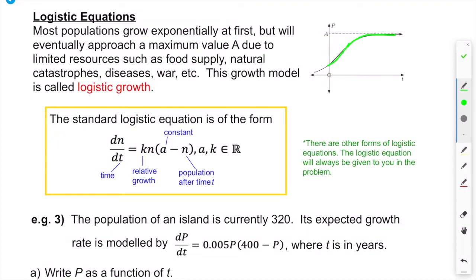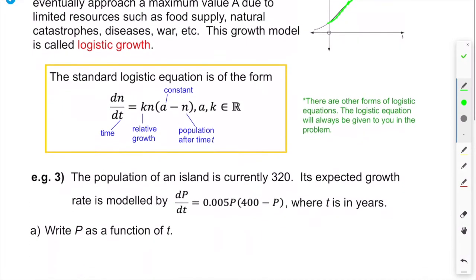The standard logistic equation can be seen in the box here, described as the rate of change in the number of people or the count of a species as k, which is the relative growth, times N multiplied by A minus N. Okay, so this is the model for that.